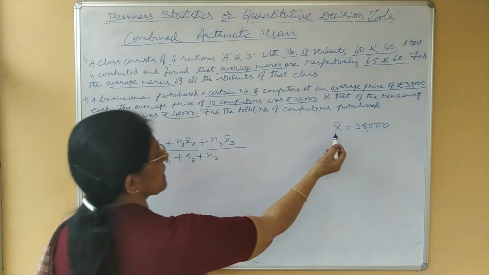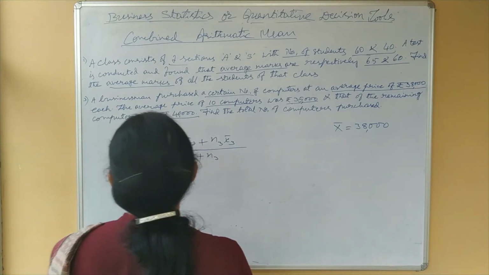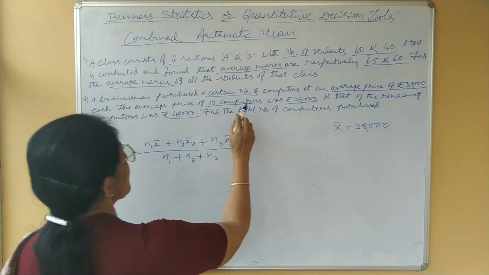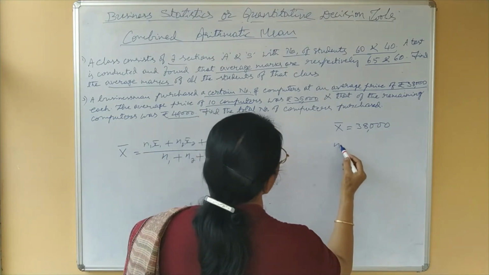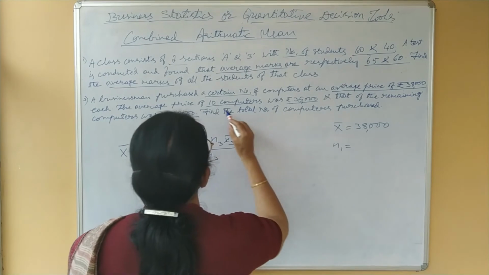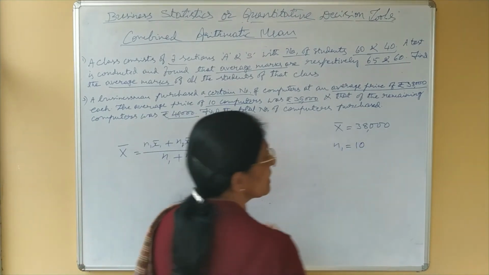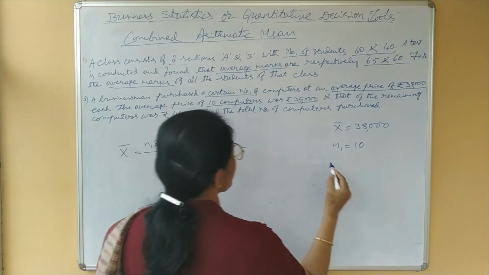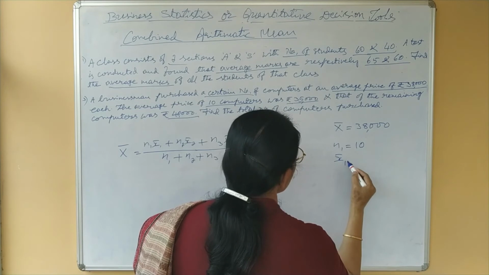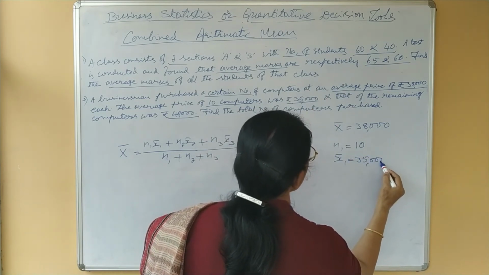Combined capital letter X bar, combined arithmetic mean, 38,000 rupees. The average price of 10 computers, let us take this one as N1. N1 is 10 and the average price of 10 computers may be taken as X bar 1, 35,000 rupees.